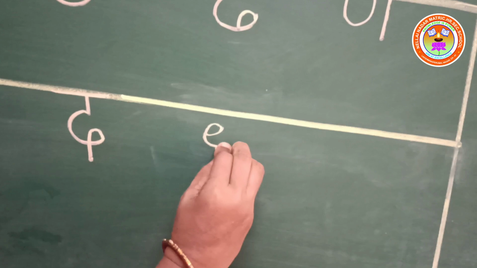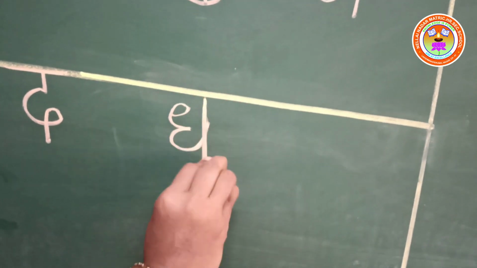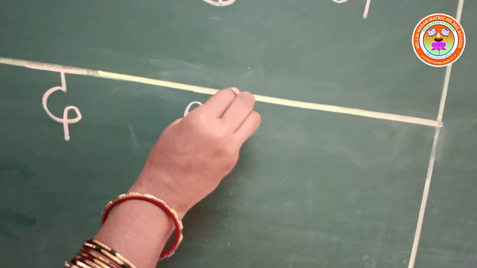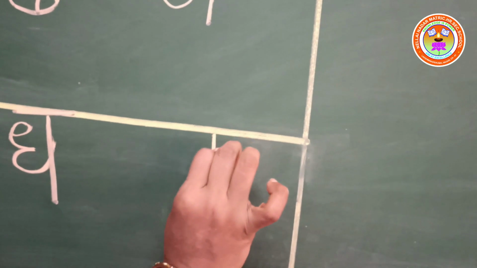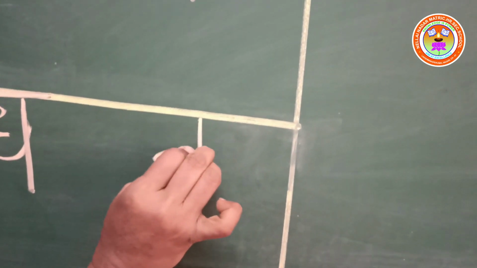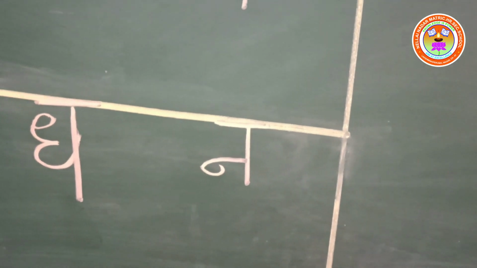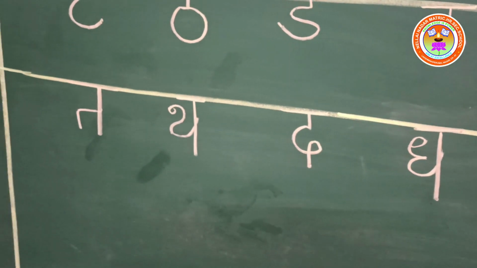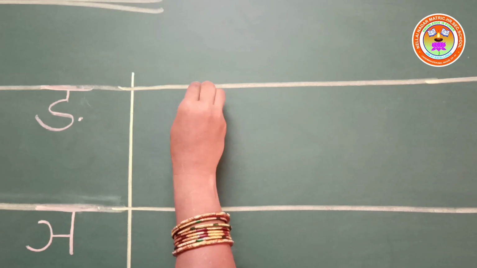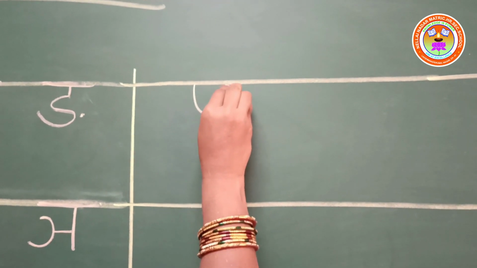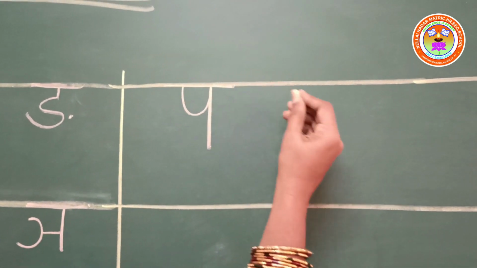Draw a small circle, another half circle, take it up, a straight line, sleeping line. Th. Draw a straight line, a small circle and a line and a sleeping line on top of it. N. Th, n.